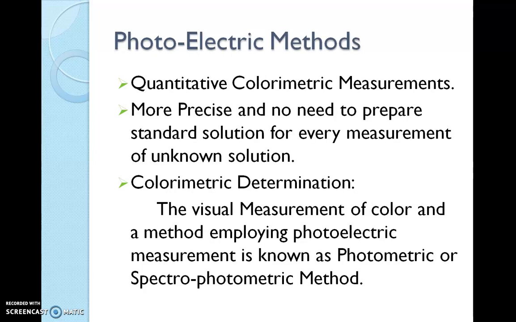So photoelectric method is nothing but a quantitative measurement of concentration of solutions. So this method is more precise and no need to prepare standard solution for every measurement of unknown solution. So calorimetric determination is nothing but visual measurement of color and a method employing photoelectric measurement, and it is known as photometric or spectrophotometric method.